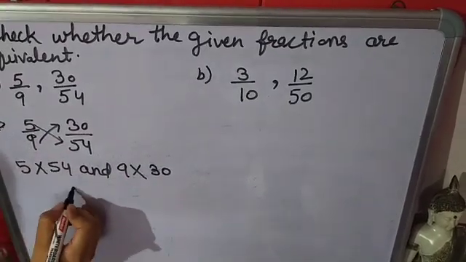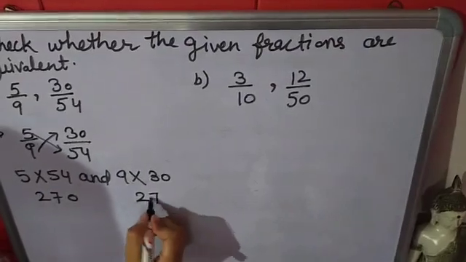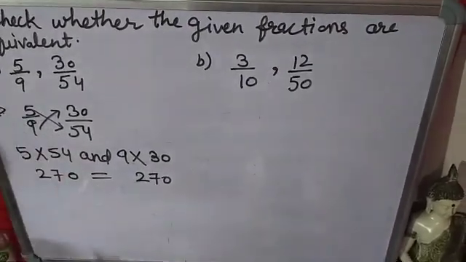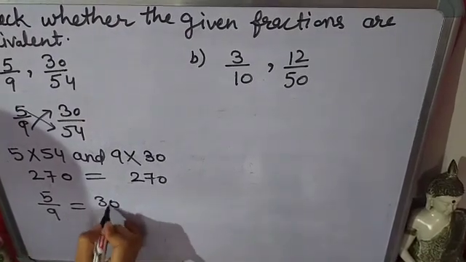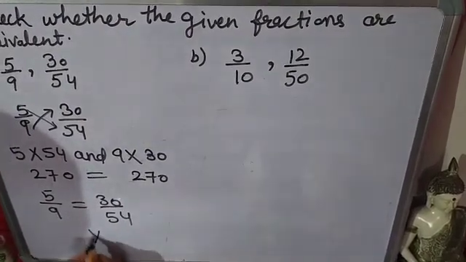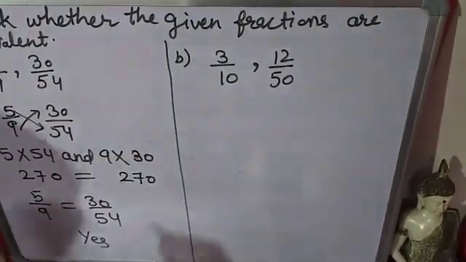Do the multiplication. It will be 270 and it will also be 270. Both are equal. It means these two fractions are equivalent fractions.